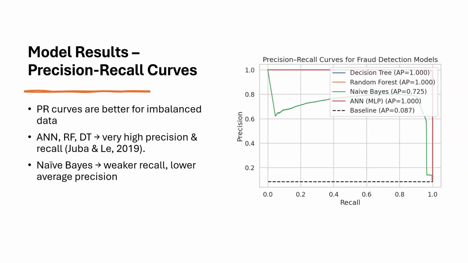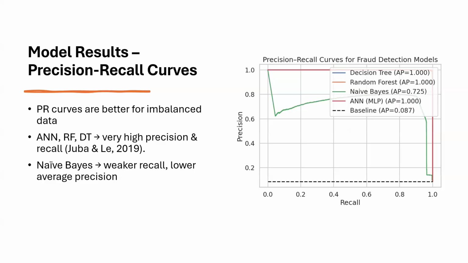Because the dataset is imbalanced, precision recall curves are more useful than ROC. Precision shows how many predicted fraud were correct or not. Recall shows how many real fraud were caught. ANN, random forest, and decision tree all had excellent precision and recall.